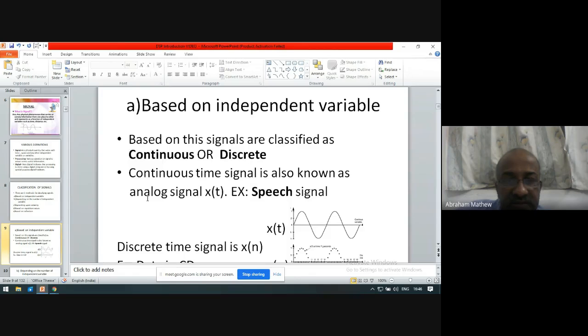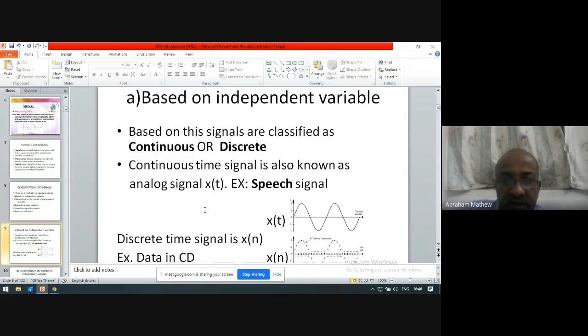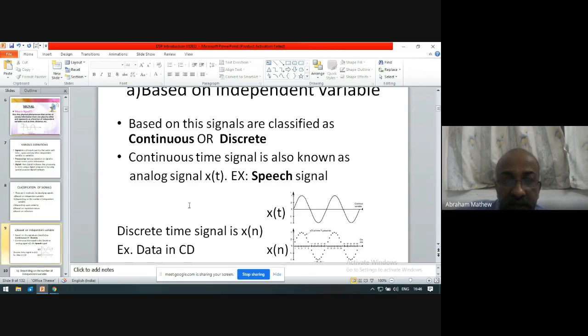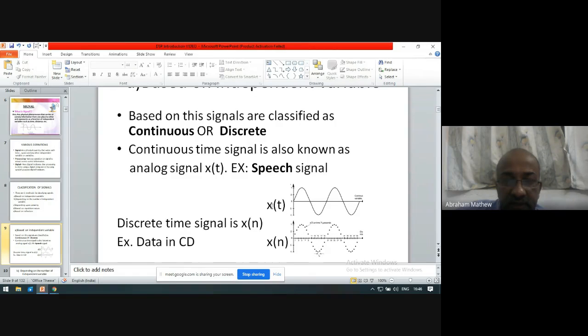A continuous time signal is represented as x of t. For example, the speech signal is an example for a continuous signal. Here, the continuous signal we can represent with a sine wave like this you are seeing right now.